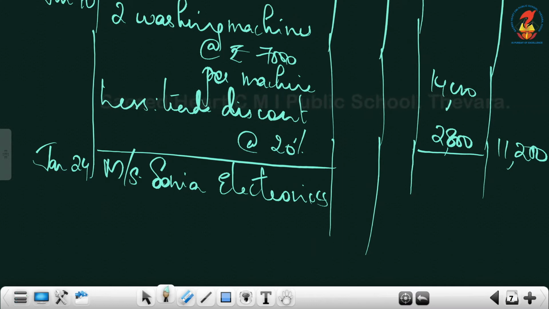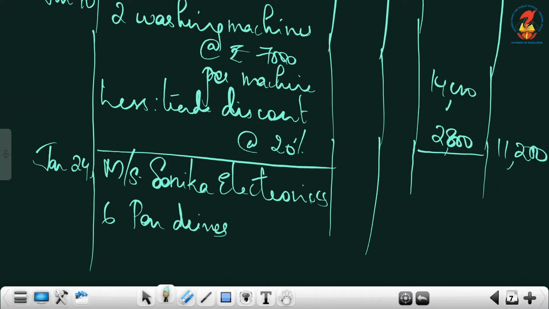Previously we returned to Manohar Electronics. Now we are returning to Sonica Electronics. It's electronic items again. So 6 pen drives. Since it is electronic items, you can write here itself at the rate of ₹1,000 each.